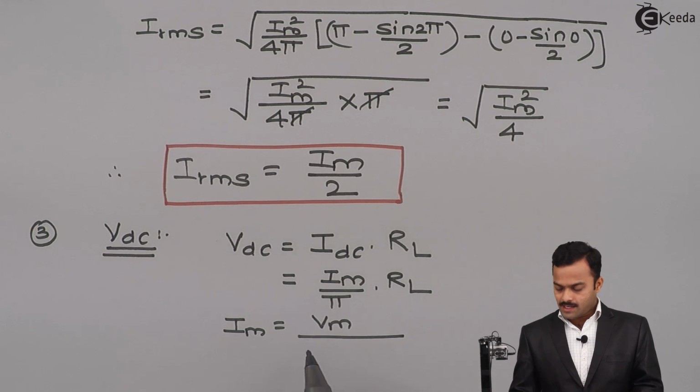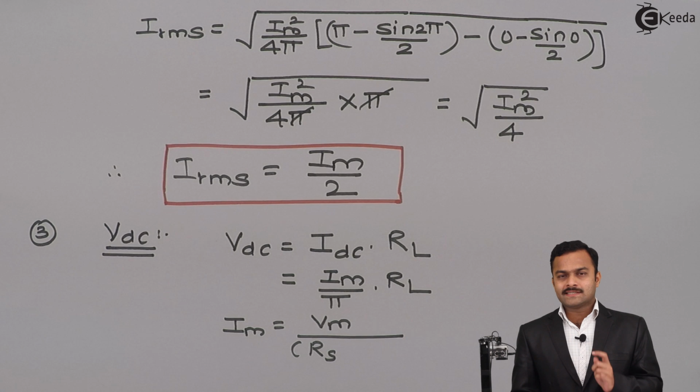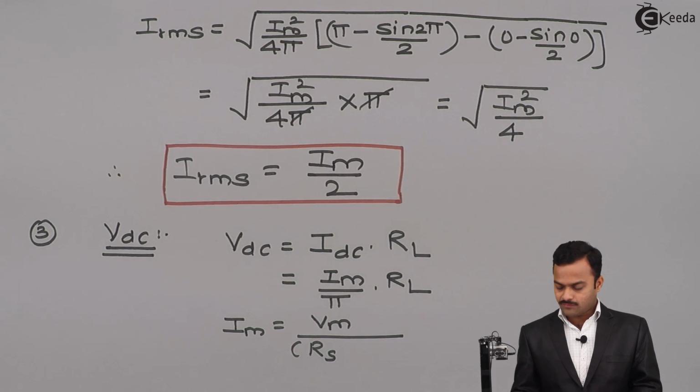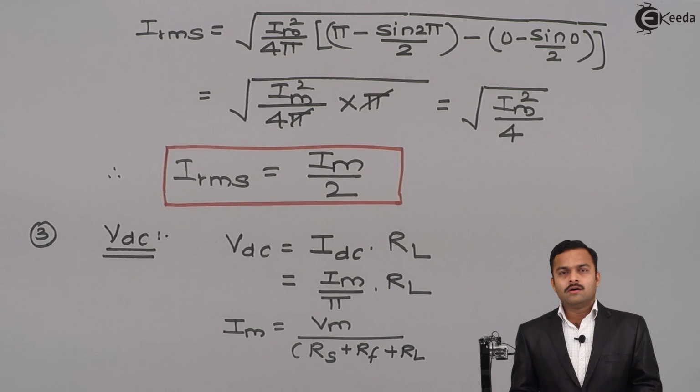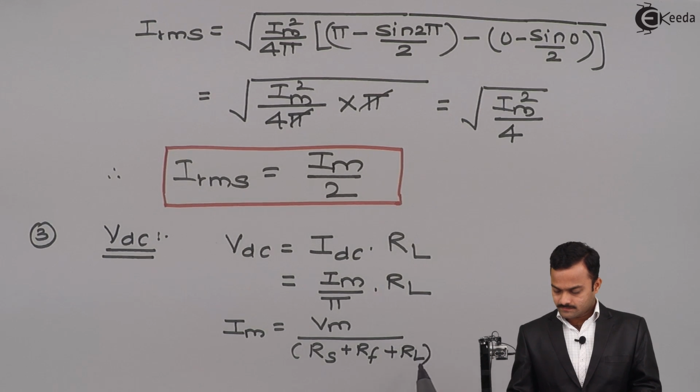So in a circuit I have Rs, resistance of secondary winding of a transformer, plus Rf, forward resistance of a diode, and RL, load resistor.